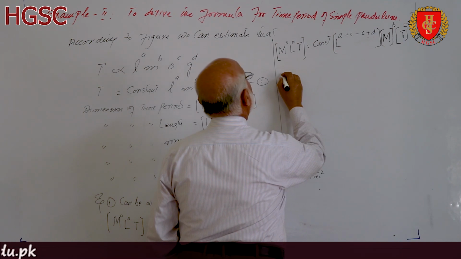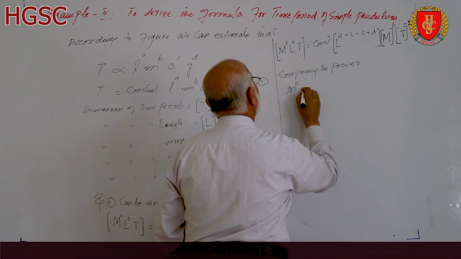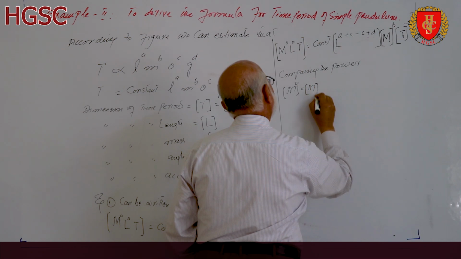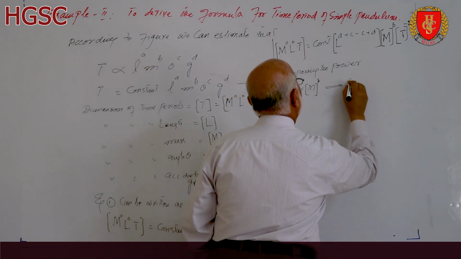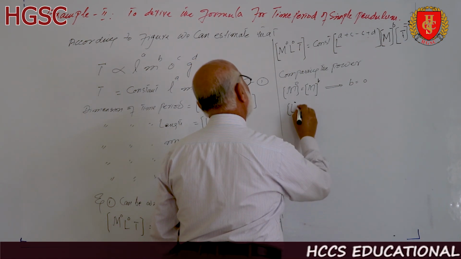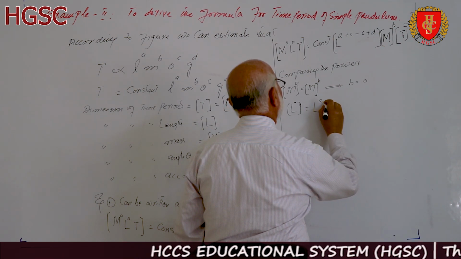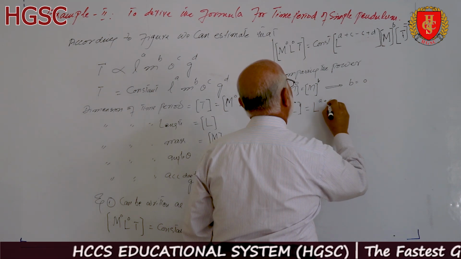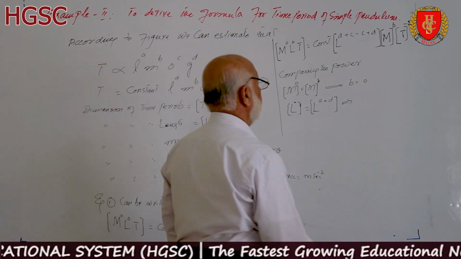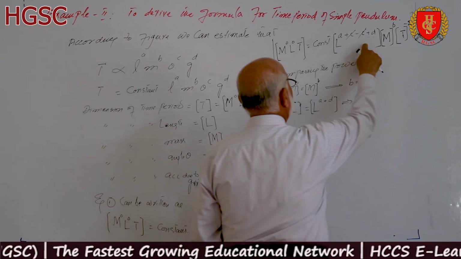Comparing the power, m0 and m b: b is equal to 0. Length has power a plus c, a plus d can be written as this is a plus d, because these will be cancelled and there is only a plus d.